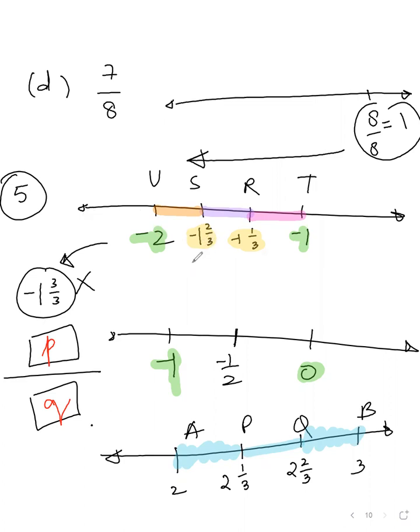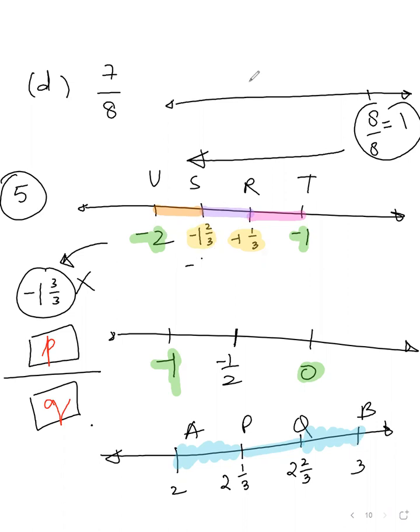-1 2 by 3, क्या हो जाएगा ये? Wait a second. -6? बच्चे मिक्स्ड फ्रैक्शन को इम्प्रॉपर फ्रैक्शन में कैसे करते हैं? Sorry, it will be -8?